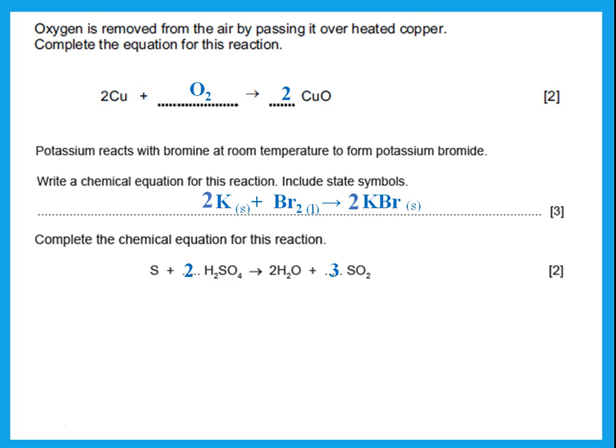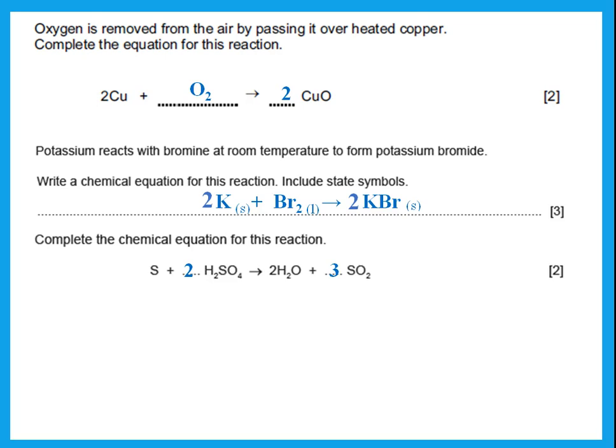When you have 2 H2O, that means you have 4 hydrogens and 2 oxygens after the arrow. And that means you need to put 2 before the sulfuric acid in order to have 4 hydrogens. Now, how many sulfurs do I now have? I have 2 and the first one, which is 3, so I need to put 3 in front of the SO2.